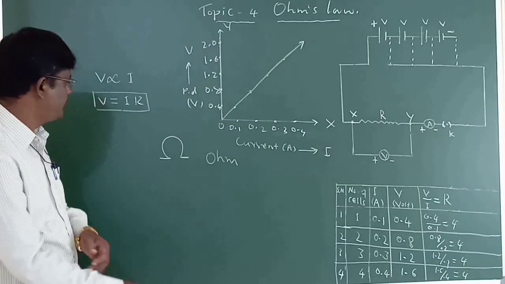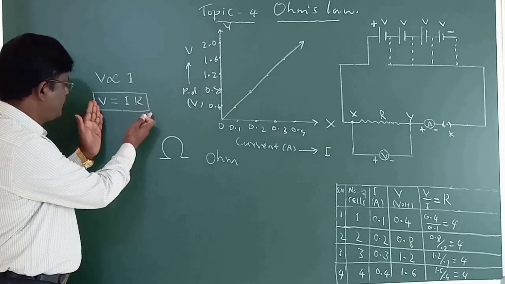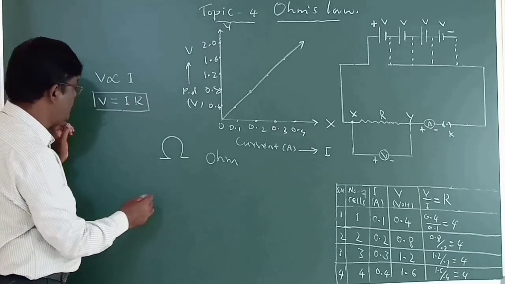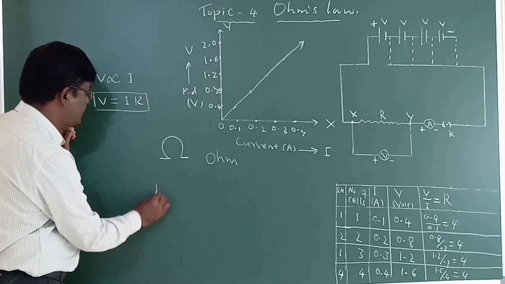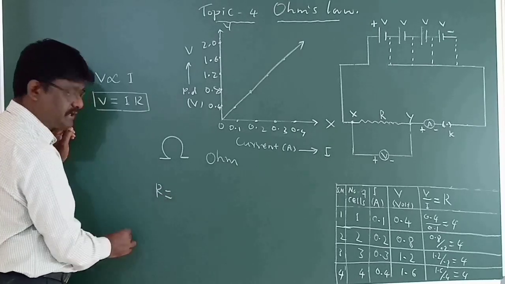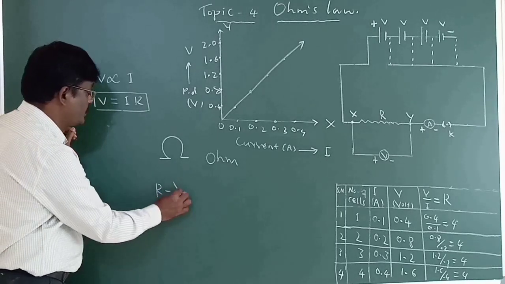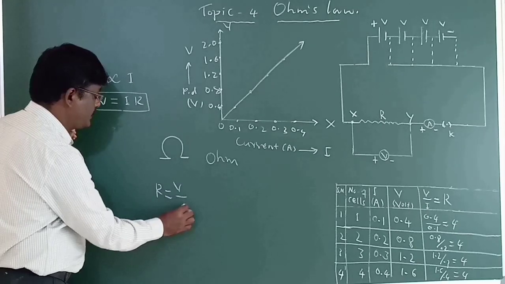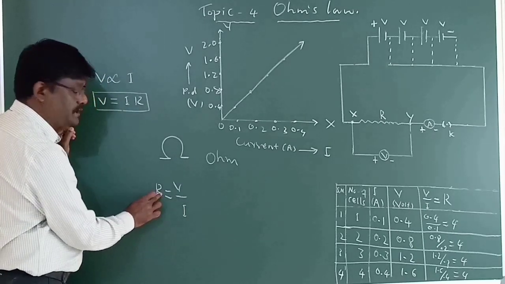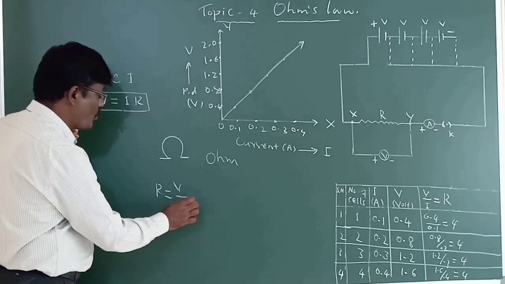Now we shall try to define 1 ohm. For that, let us take the mathematical form of Ohm's law. Here R, the resistance, equals V by I. The SI unit of resistance is ohm.